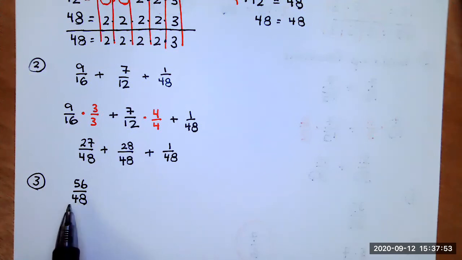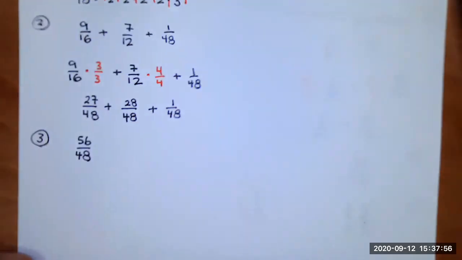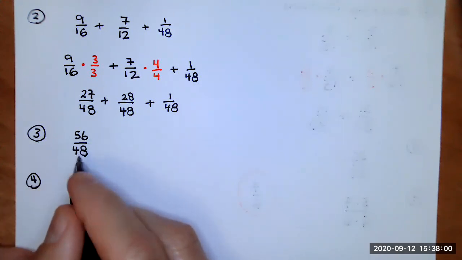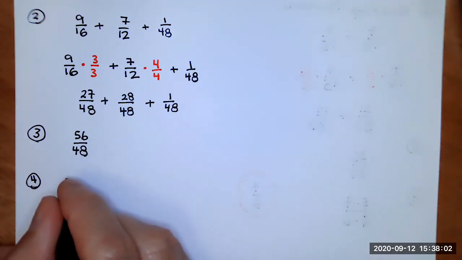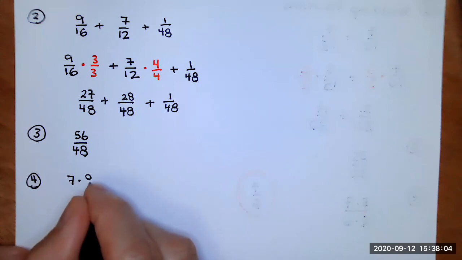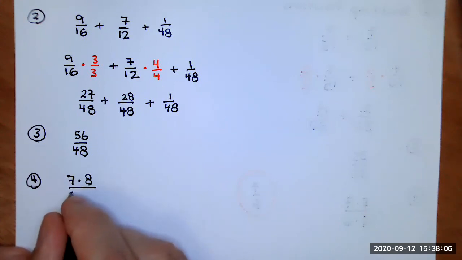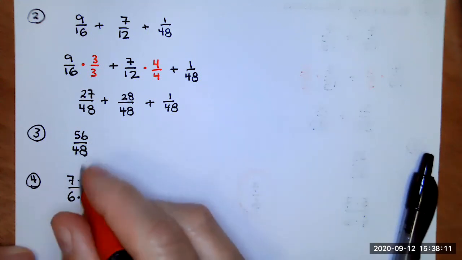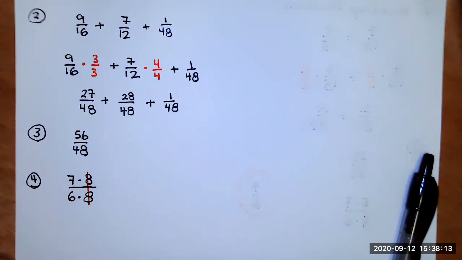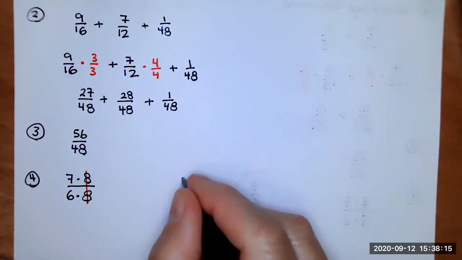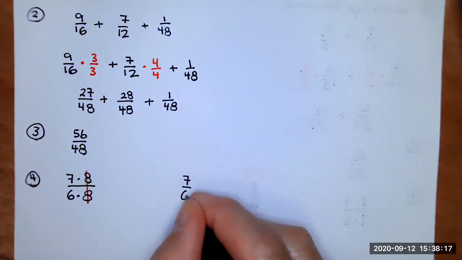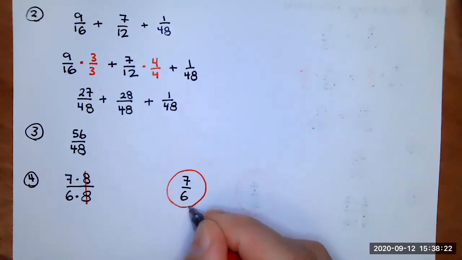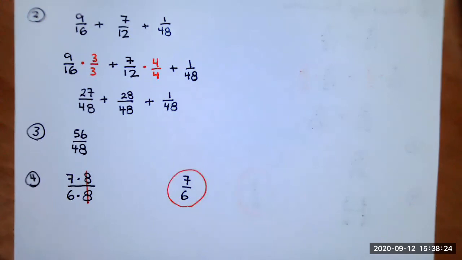And now we can reduce. And it doesn't matter how you break them down, as long as you keep going until they cannot reduce any longer. Eight over 8 is equal to 1. And your final answer is 7 over 6. So just keep reducing until you cannot reduce anymore.